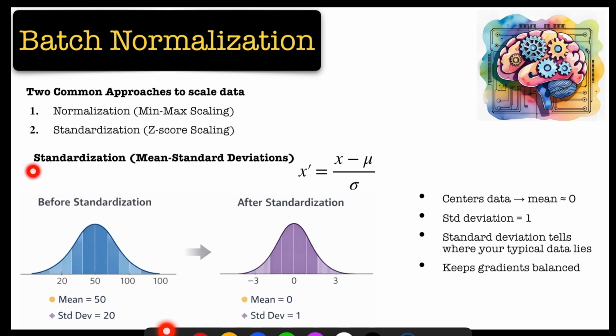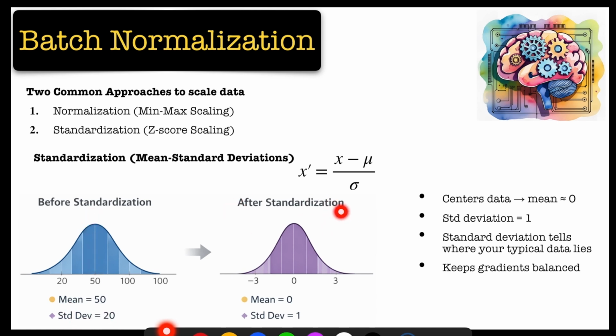The other approach is standardization. Here we calculate the mean and standard deviation from the data, and then we center the data. We make the mean 0 and standard deviation 1. Let's say in this data distribution, the mean was 50 and the standard deviation was 20.